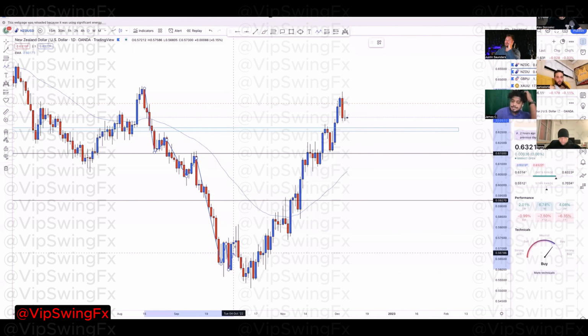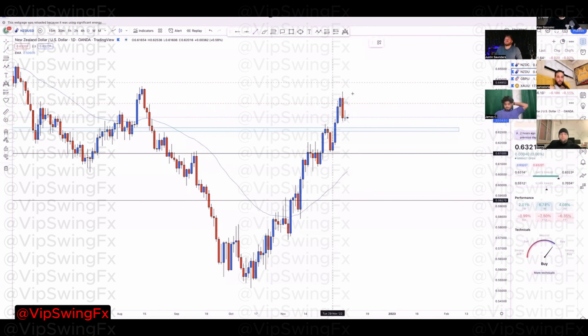You see how we body closed above, making this a higher high, body closed under, lower low. All of this is simply market structure. We have higher low, higher high, higher low, higher high, higher low, and higher high.